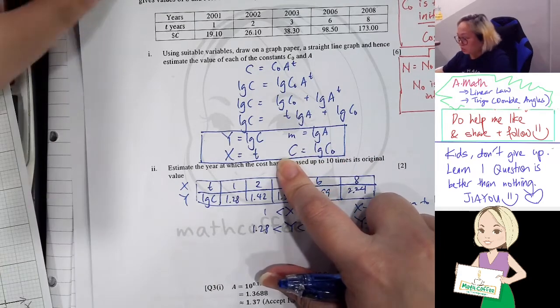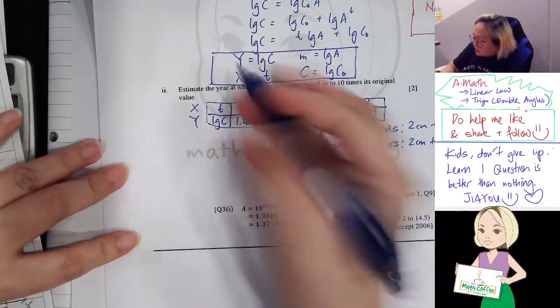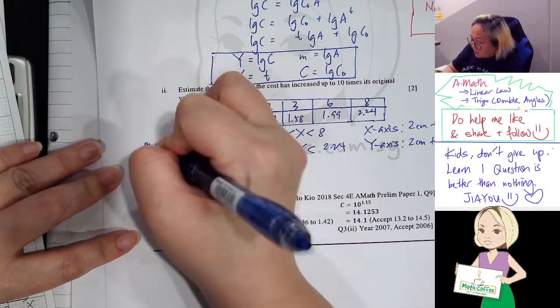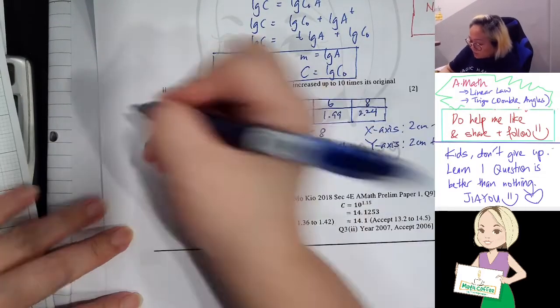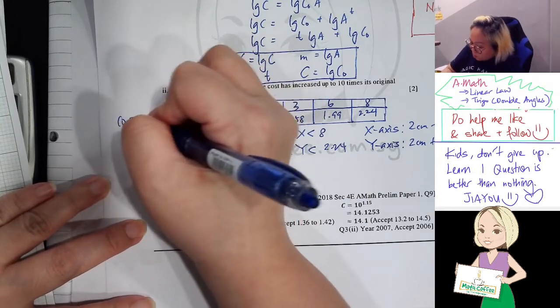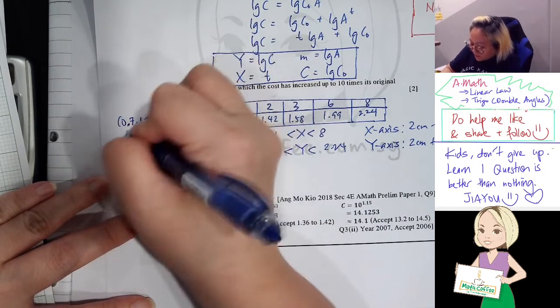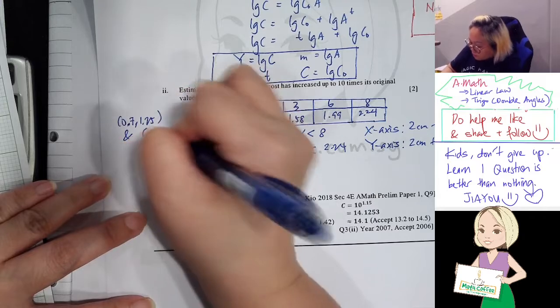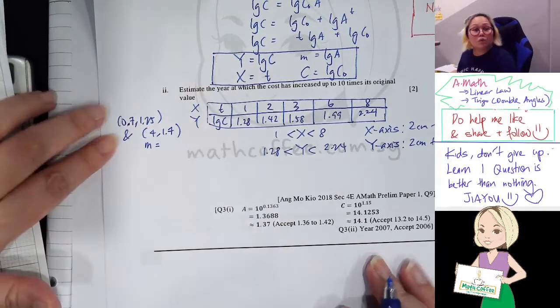Okay, so what you need to do is, at the side here, my gradient, my points will be (0.7, 1.25) and (4, 1.7). So these were my 2 points.